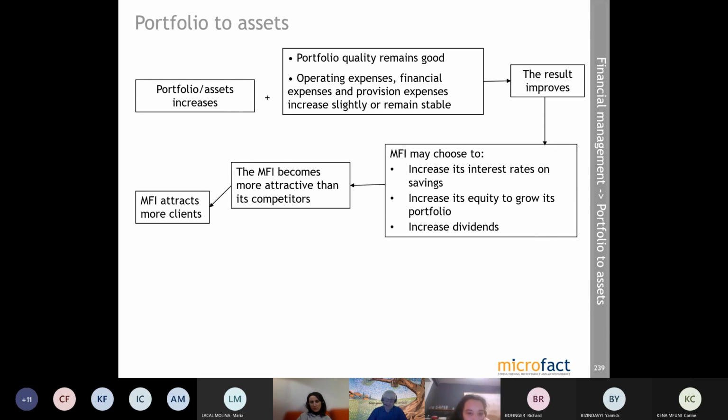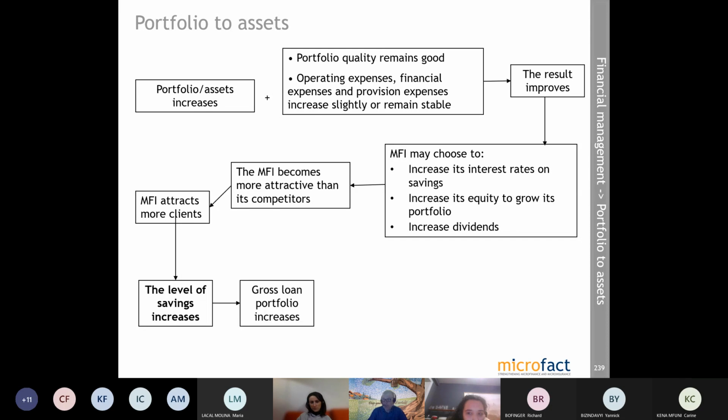And when you are attractive, you have more clients. And when you have more clients and you are a savings mobilizing organization, the level of your savings might increase. And then you have more money available to increase your gross loan portfolio, and so on. And at the end, you become a very large, very profitable organization.